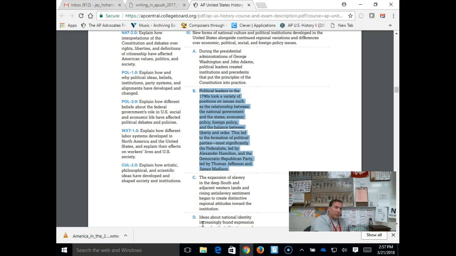It's going to make it hard for immigrants to vote. It's going to create laws that allow us to kick out immigrants. When we talk about anti-immigrant laws, what's that movement called where we hate immigrants? Nativism. Fortunately, though, Adams is going to send ambassadors over to France. They're going to work out a deal. They're going to not go to war, and eventually Jefferson's going to get elected in the peaceful revolution of 1800.